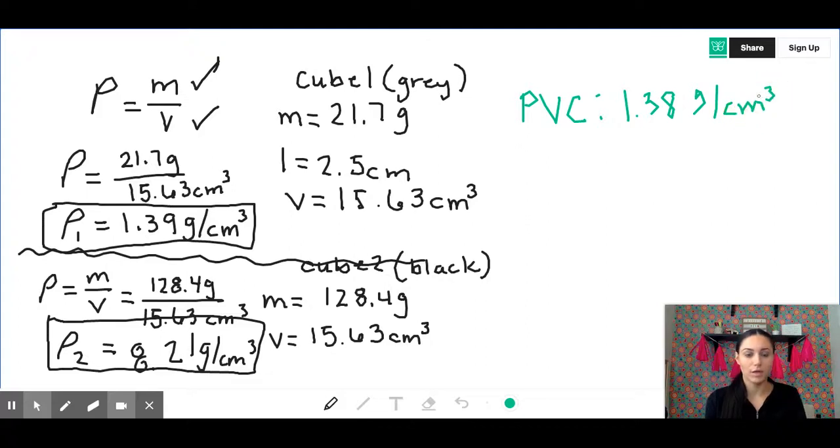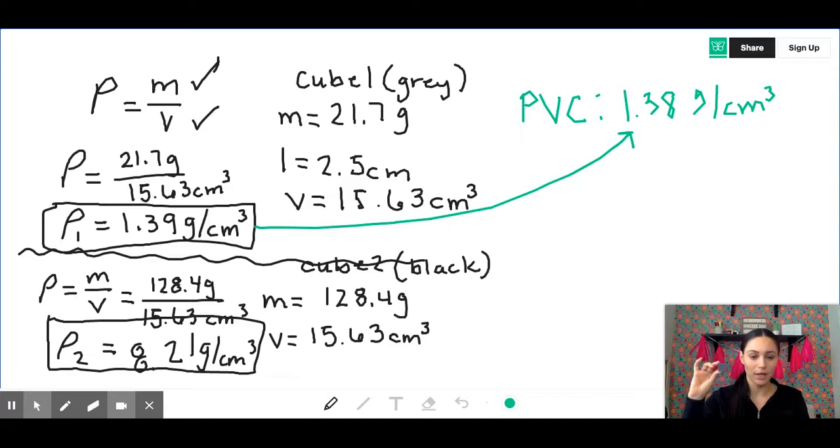You can see that our calculated density, even with human error and just using the simple materials that we have, is very, very close. That means that if we did not know what this was made of, we would have been able to use our calculated density to identify this cube as being made of PVC.